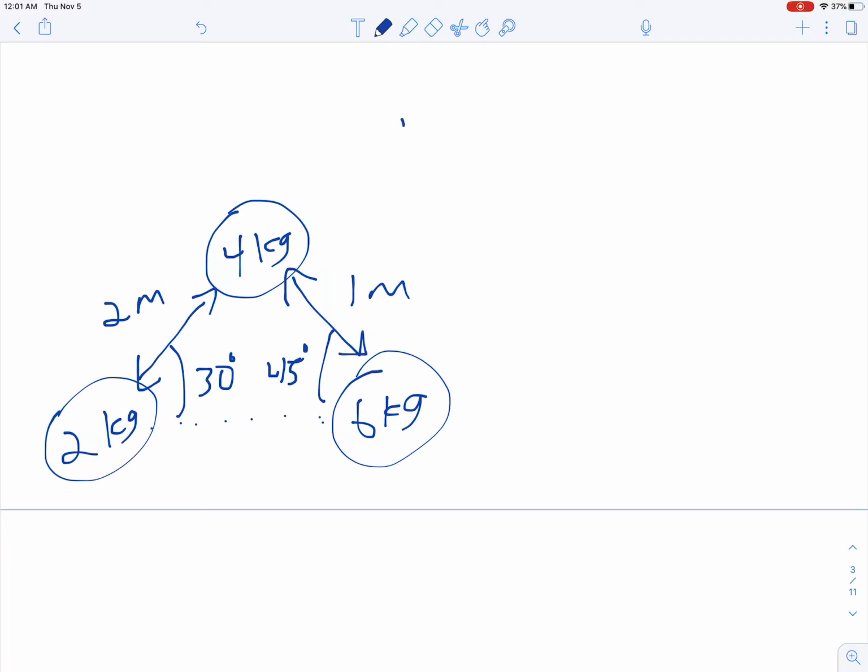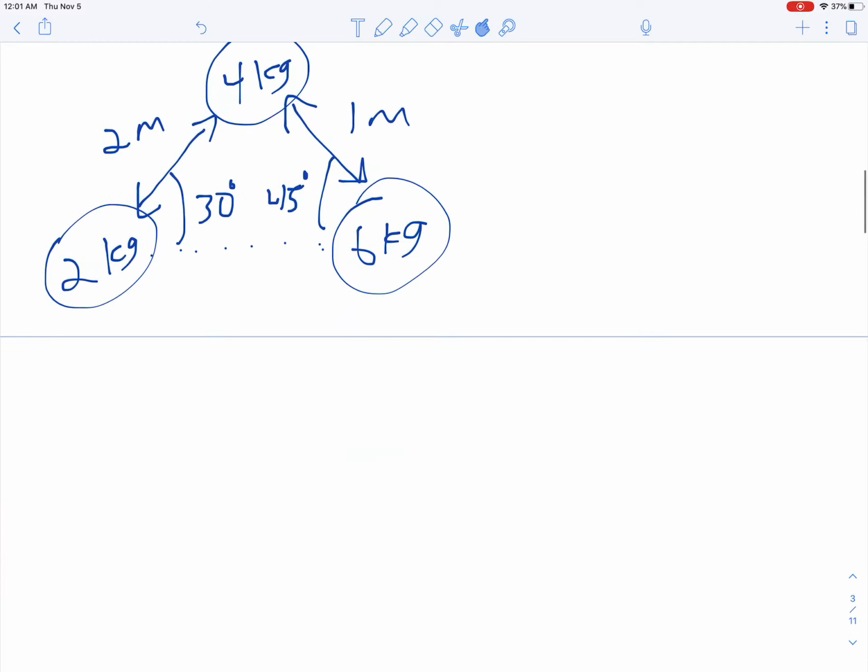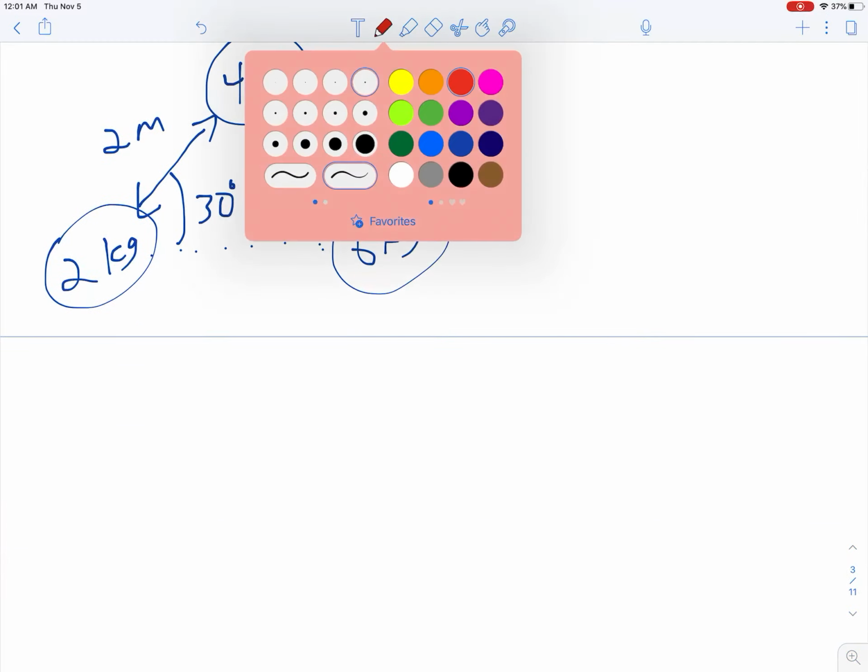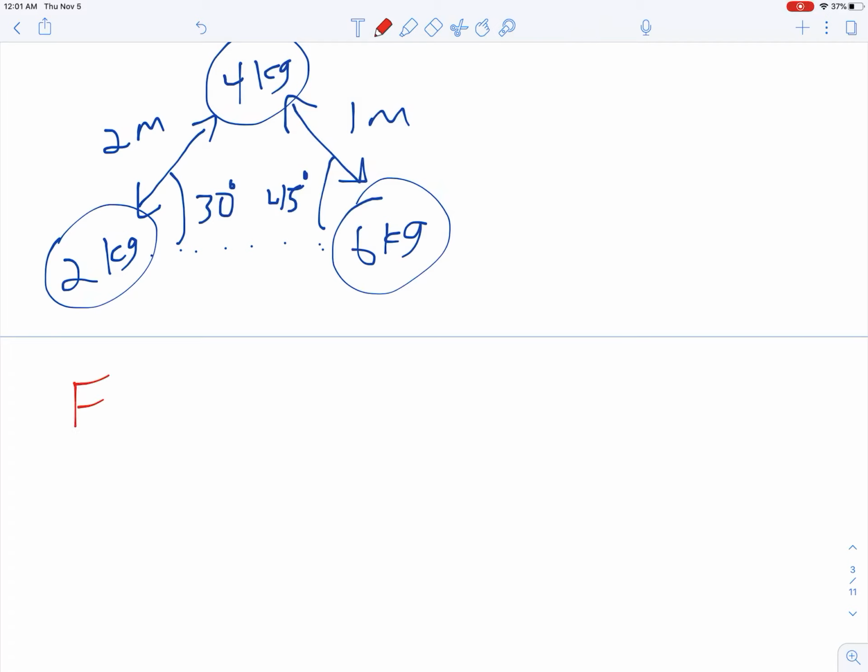Let's put it down here. Let's put it in red. The force between 2 and 4 is basically going to be the same thing, right? It's going to be G times 4 times 2 over 2 squared, which is what we just found, 8G over 4.